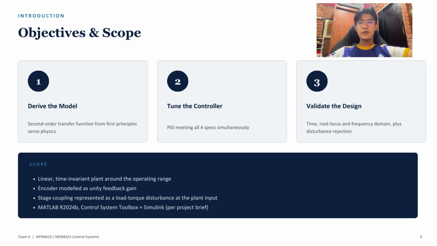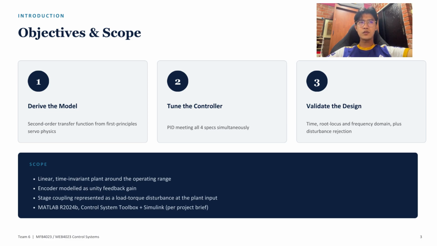So for this project, we have set 3 main objectives. The first one is to derive the actual mathematical model of the servo from physics. The second one is to design a PID controller that hits 4 performance targets at the same time, which are overshoot, settling time, phase margin, and also gain margin.